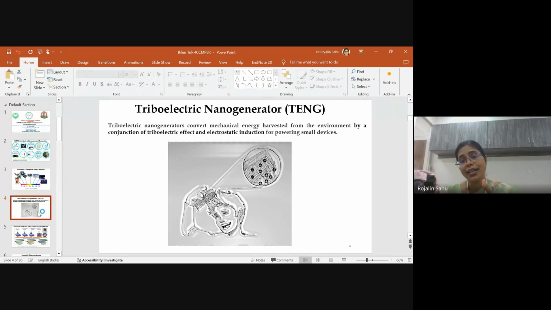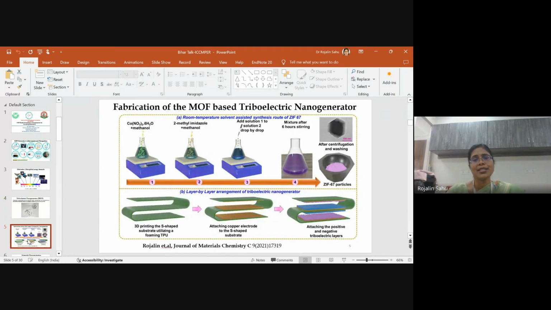The charge generated on the comb is negative, and the charge generated on our hair is positive. That's why there is an attraction between the hair and the comb. This is a small example where we have experienced triboelectrification. With this concept, we started thinking about how we can generate a small amount of energy that can be useful to power small electronic devices.